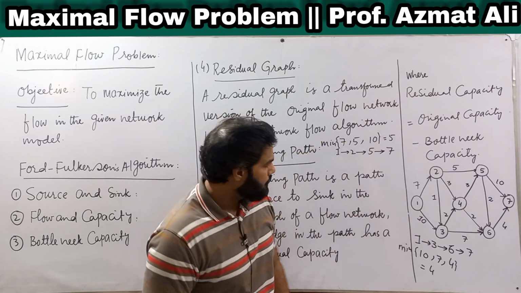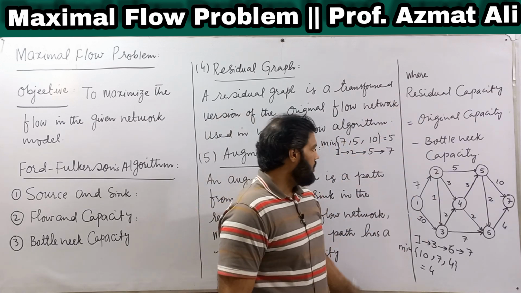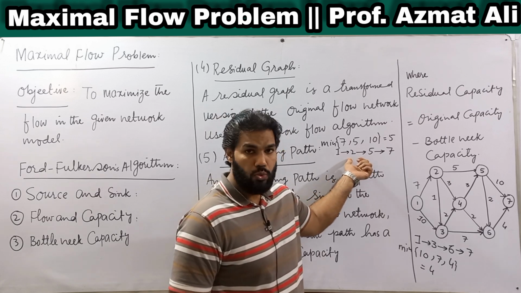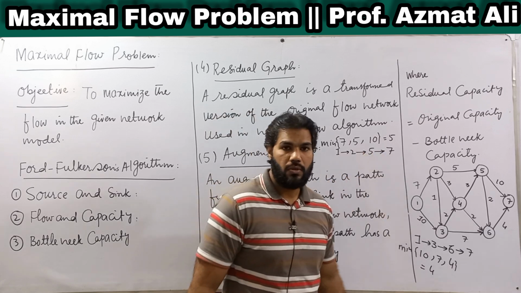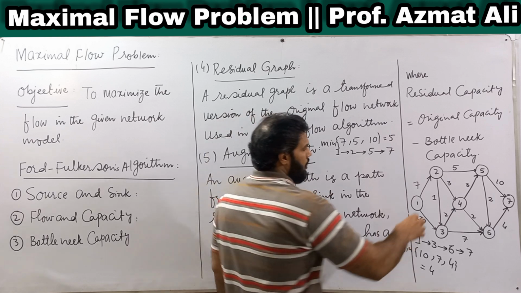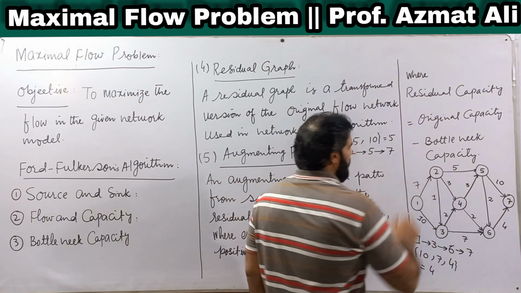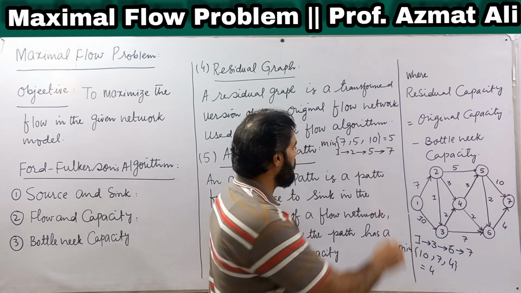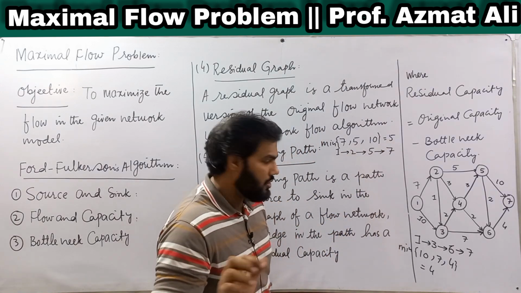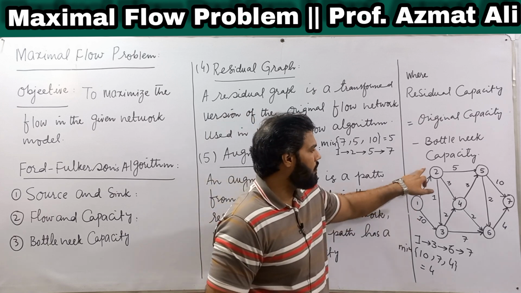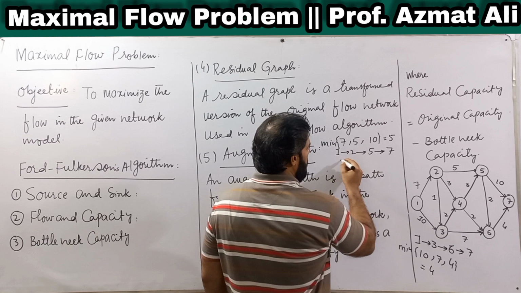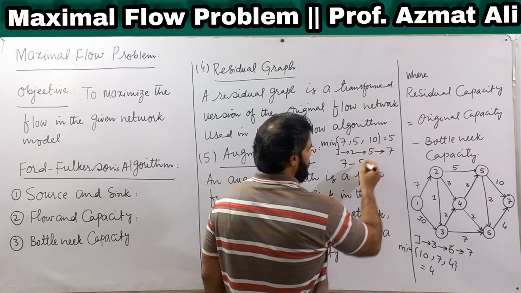For example, suppose our first path is 1 to 2, 2 to 5, 5 to 7. I want to find the residual capacity of this edge. As the bottleneck capacity of this path is 5 units, the residual capacity of the edge from 1 to 2 is the difference between 7 minus 5.